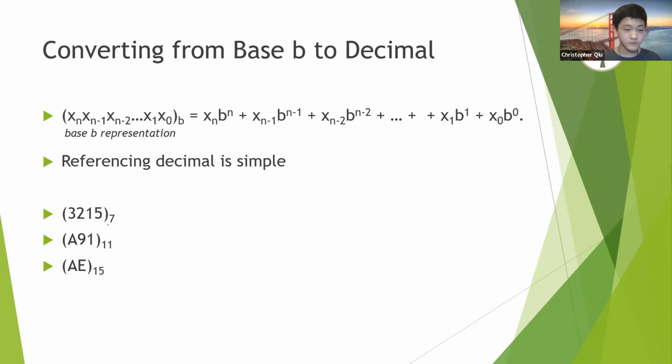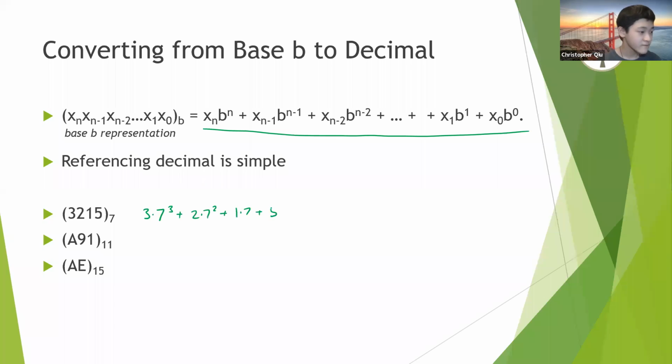So for our first example, we have 3215 in base 7, and we want to convert this to base 10. So we use our definition, which is up here. So we'll have 3 times 7 cubed plus 2 times 7 squared plus 1 times 7 plus 5.